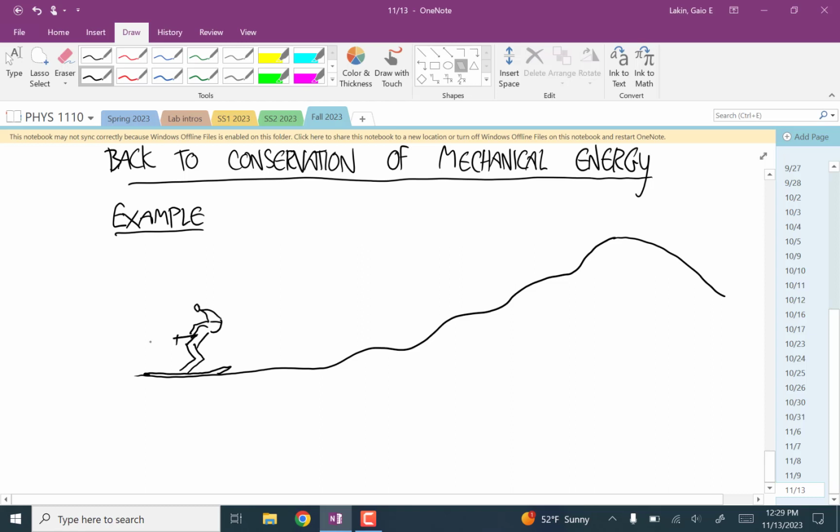And so you have this skier that's going along the flat at the bottom of the hill. We don't know what speed they're going, but let's say that we want them to be at the top of the hill, and let's say that this has a height of 1.5 meters.